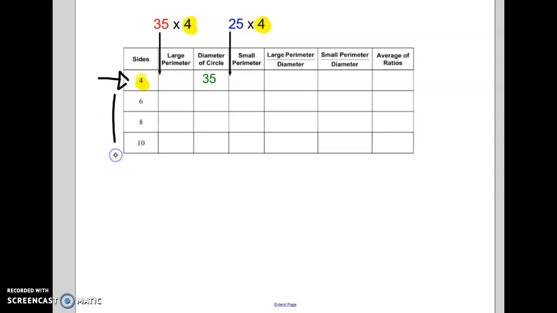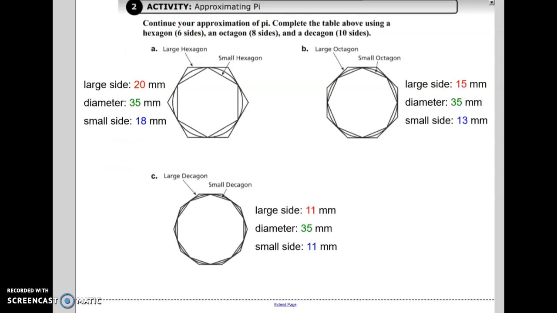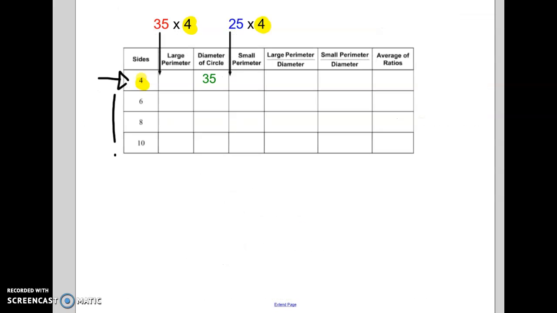The sides 6, 8, and 10 are going to apply to the next activity, activity 2. So for now, ignore sides 6, 8, and 10. It's asking you for a few things here. Let's get started with the perimeter of the large shape.